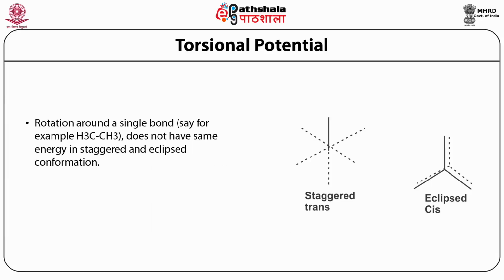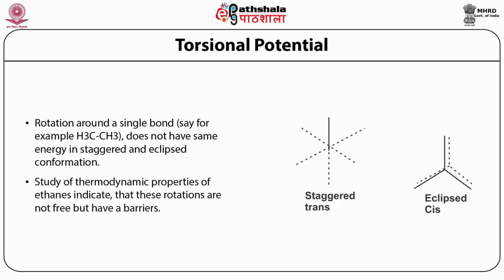The rotation around a single bond, for example H3C-CH3, does not have staggered or eclipsed conformation. This is the origin of the term torsional potential.